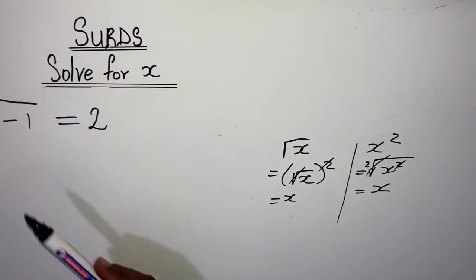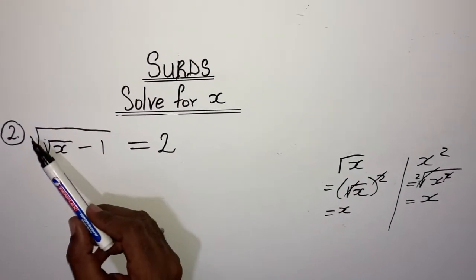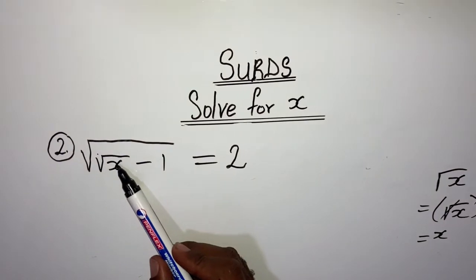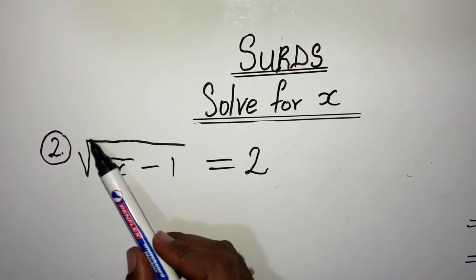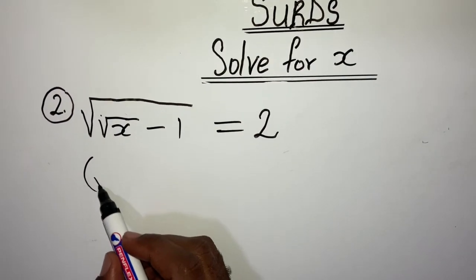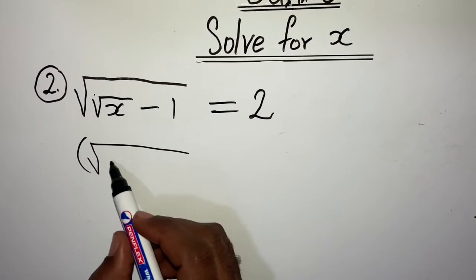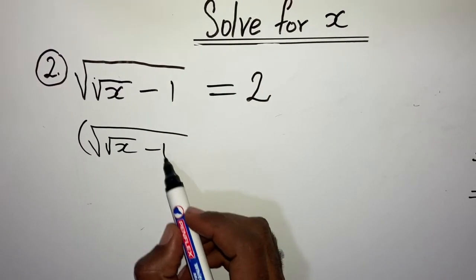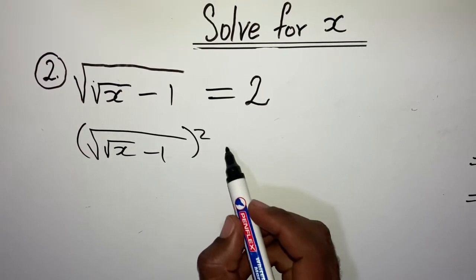So even in our sum we have to remove this root because we are solving for x. So we first have to remove this root by squaring both sides. We square both sides.